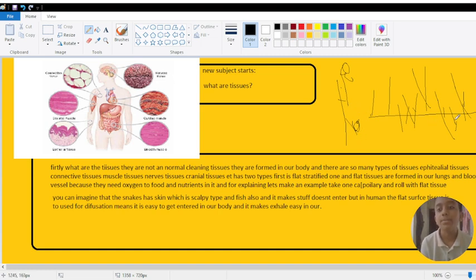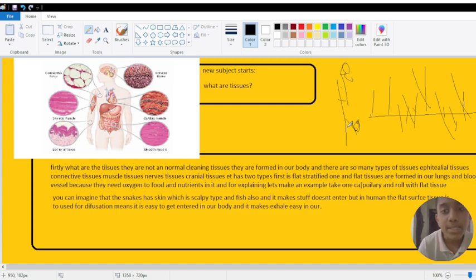If we didn't have this hair type of tissue, the food could get stuck in our windpipe and we couldn't swallow it easily. Because of that we have connective tissues in our body.